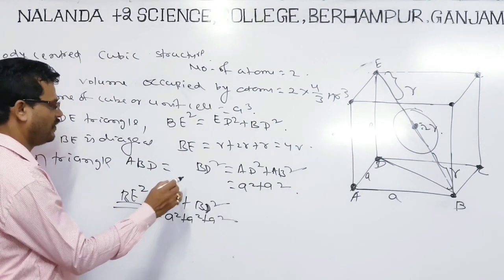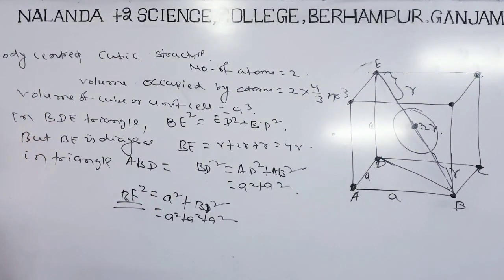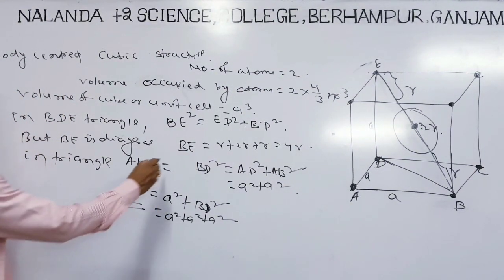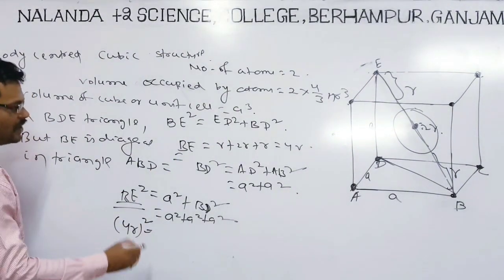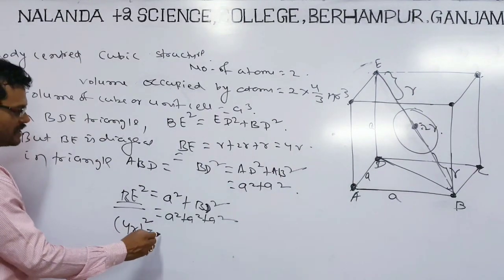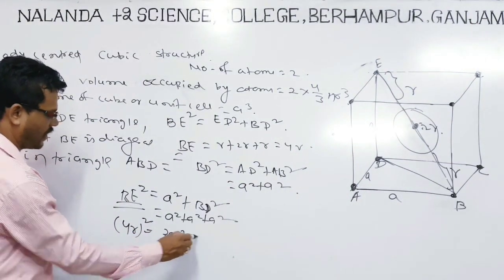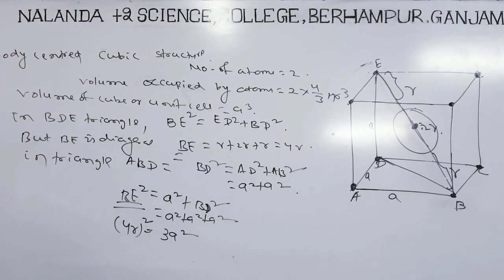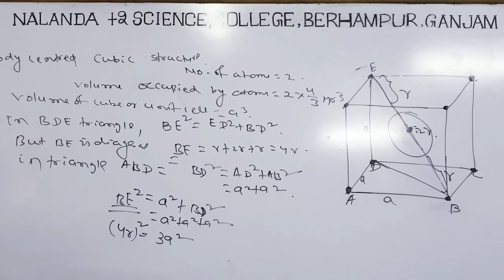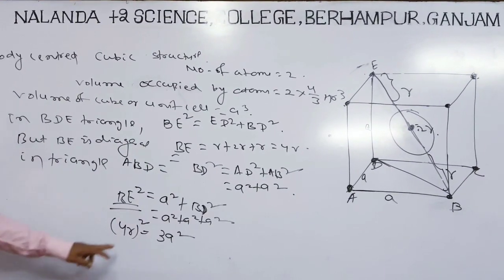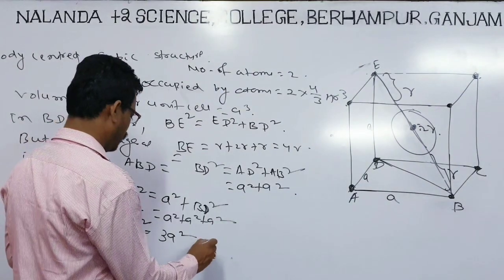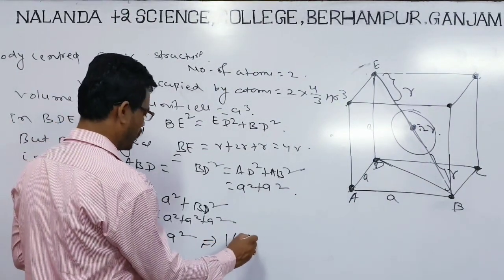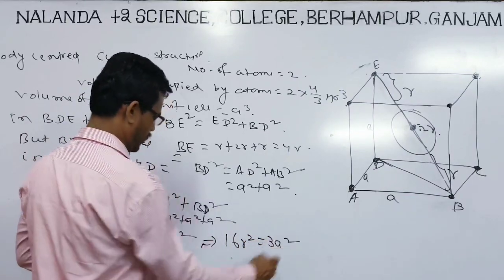Whereas you found that BE is equal to 4r. So 4r whole square is equal to 3a square, or 16r square is equal to 3a square.